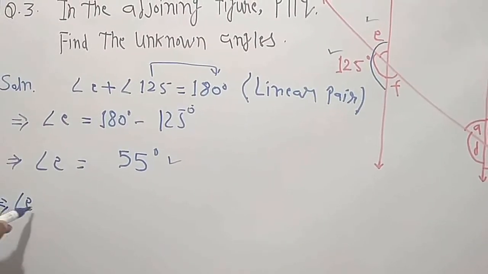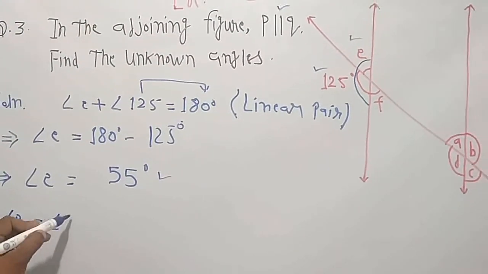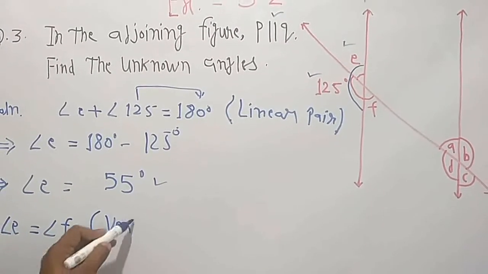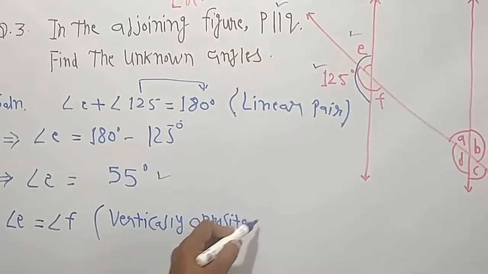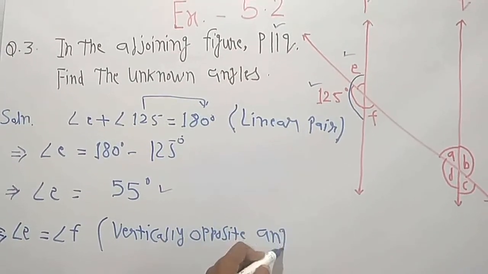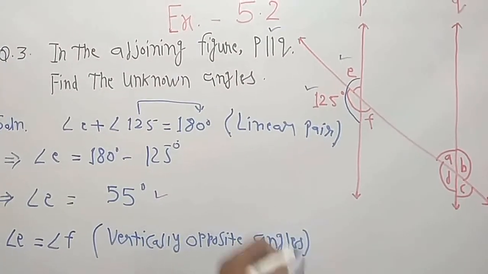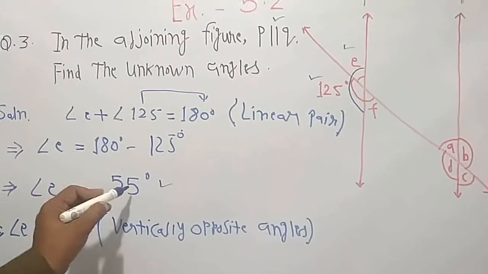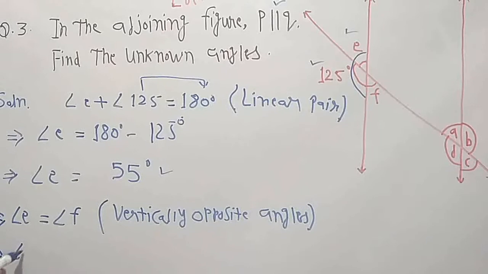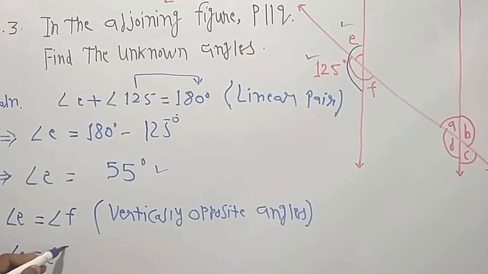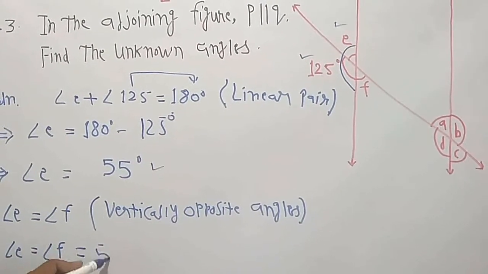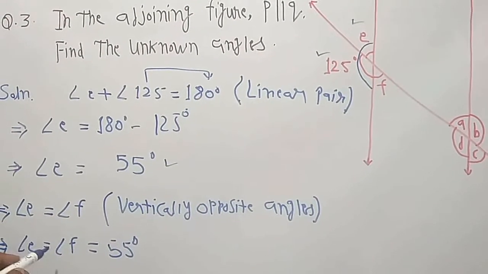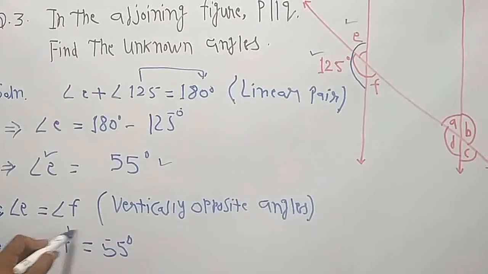Angle E is equal to angle F from the concept of vertically opposite angles. The value of E is 55 degrees, so angle E is equal to angle F is equal to 55 degrees. Now the values of E and F are both derived.